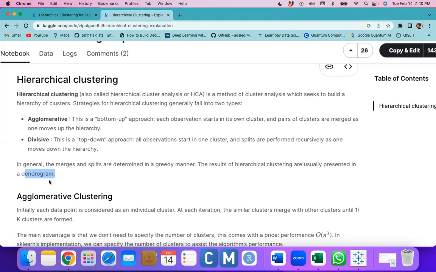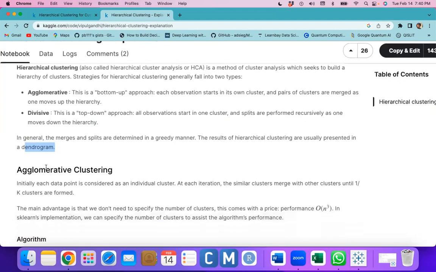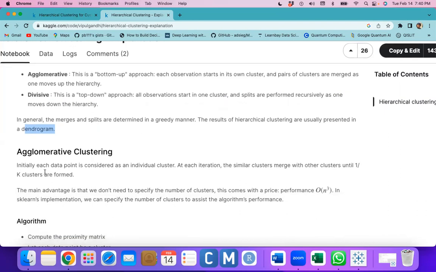The dendrogram shows how many clusters or groups can be created. First, agglomerative clustering: initially each data point is considered an individual cluster. At each iteration, the similar clusters are merged with other clusters until one cluster, or k clusters, are formed.